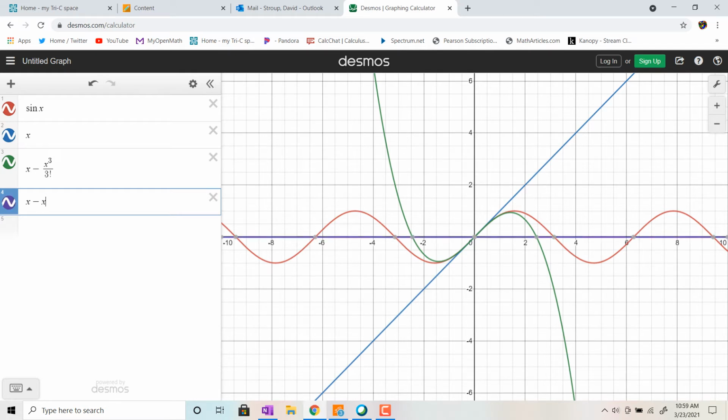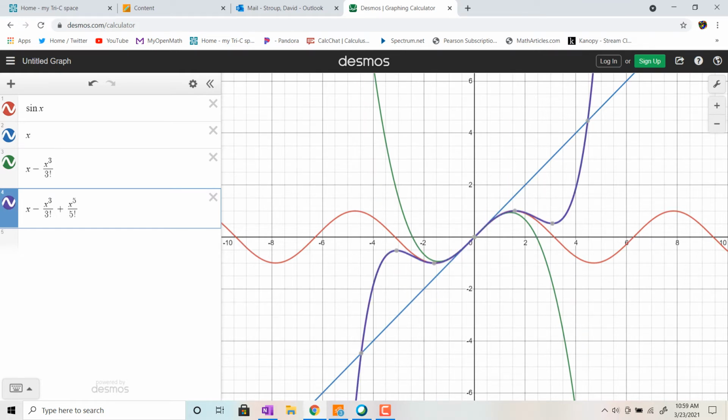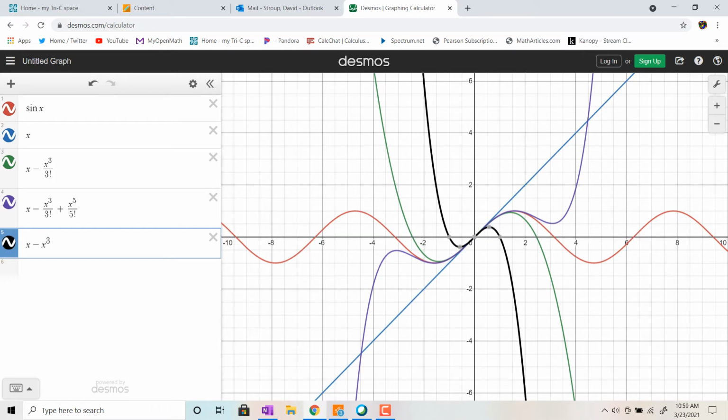Okay, so let's look at x to the third all over 3 factorial plus x to the fifth all over 5 factorial. Okay, x minus x cubed.